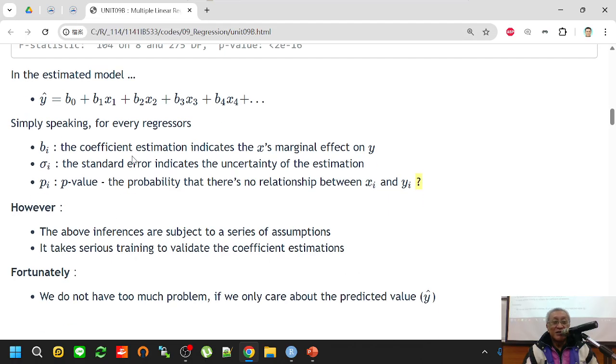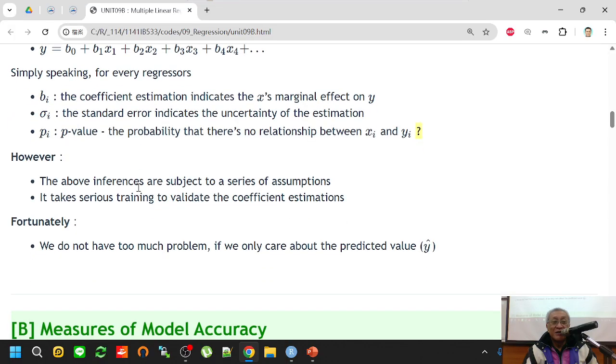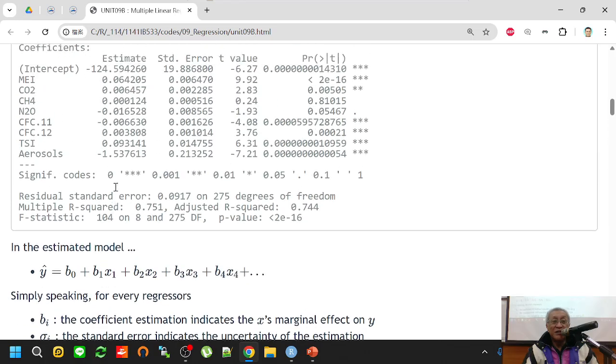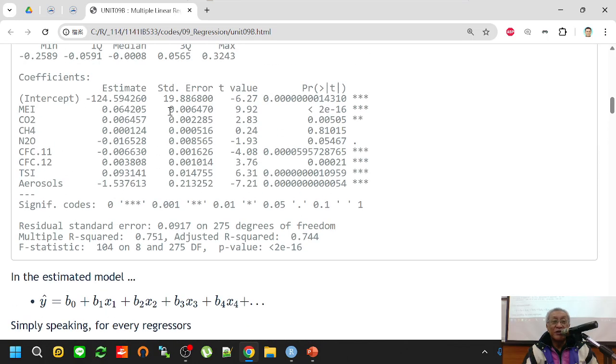Basically, this is the estimation value, this is the associated expected value, and this is the associated standard error.